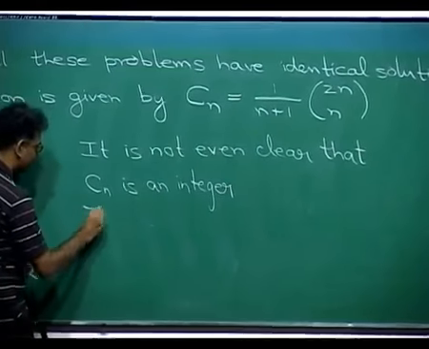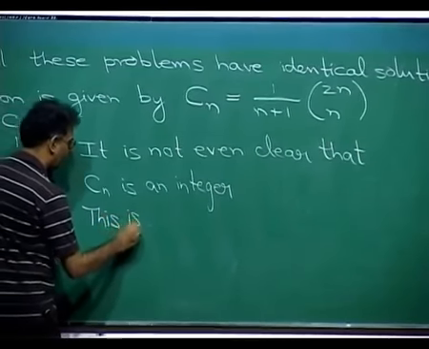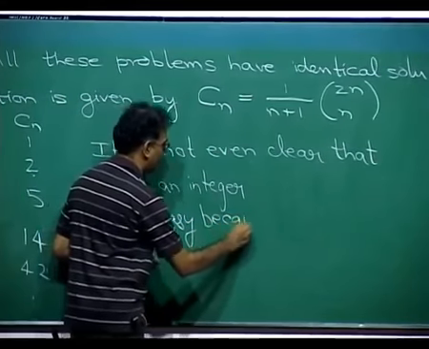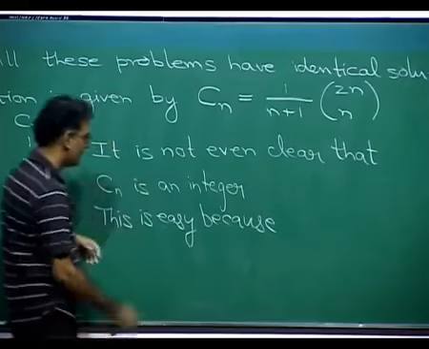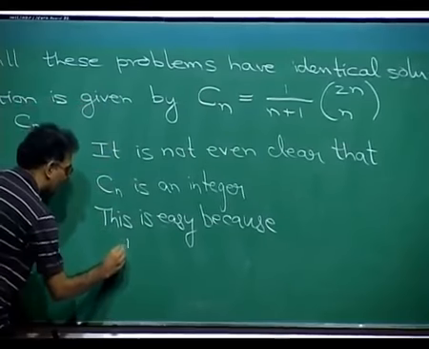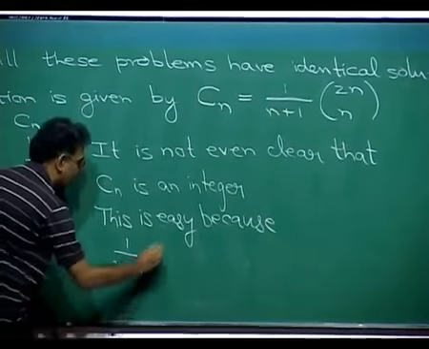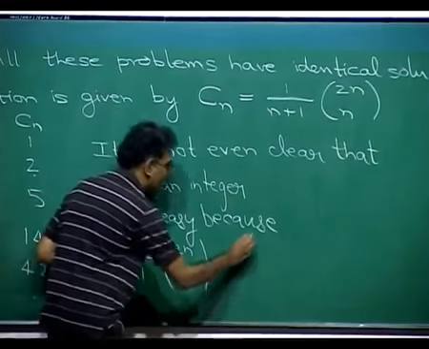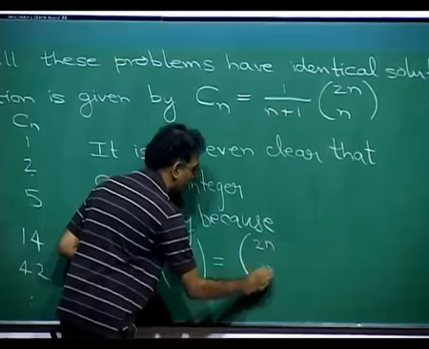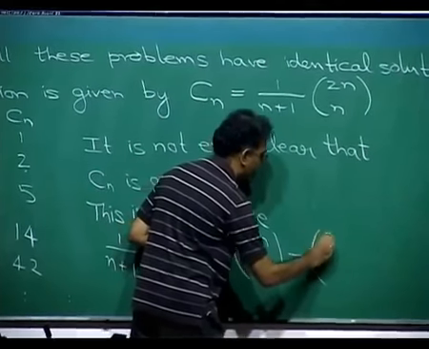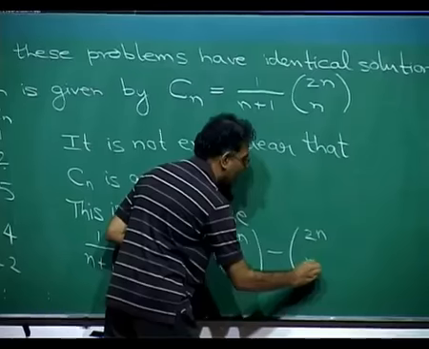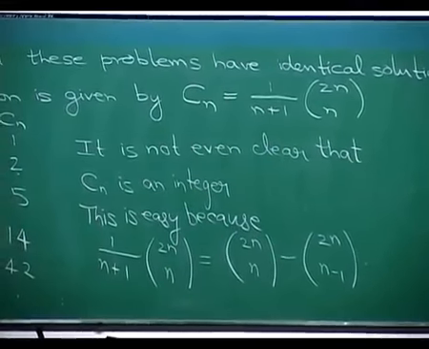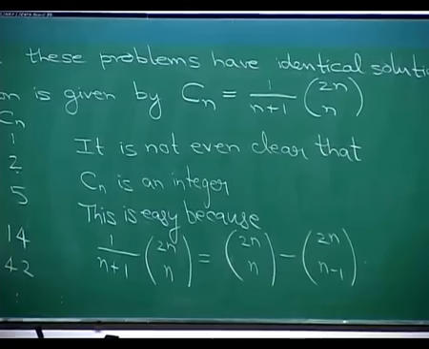However, this is easy. Because we can rewrite 1 over n plus 1 times 2n choose n as the difference of two binomial coefficients. It is 2n choose n minus 2n choose n minus 1, say. And why is this? This is easy to prove.